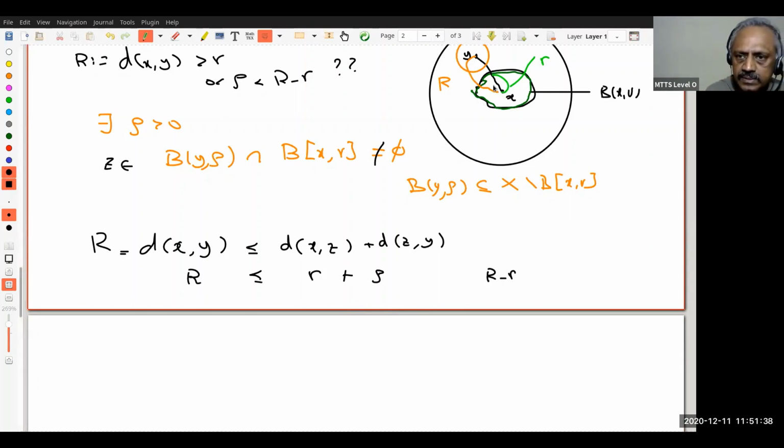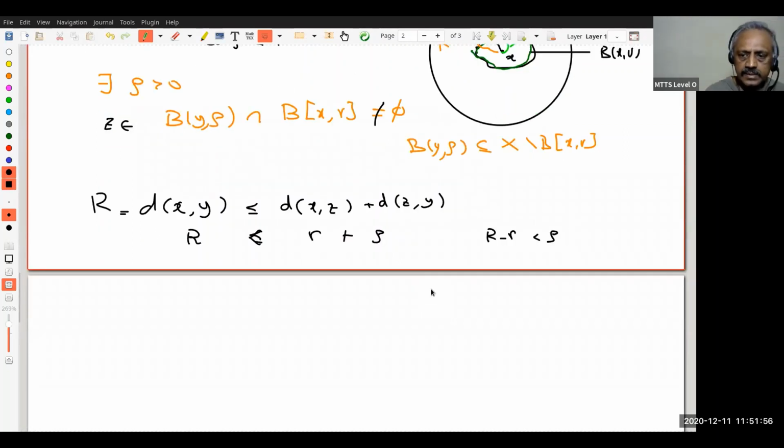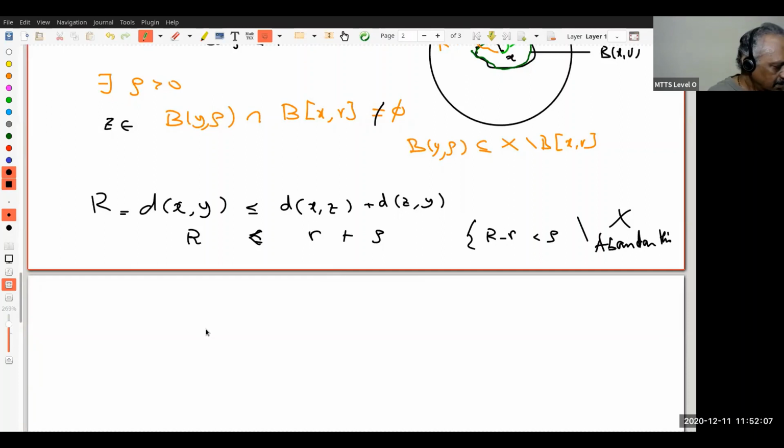What is x and z? z is here, so d(x,z) is less than or equal to r, and d(z,y) is strictly less than ρ, therefore R minus r should be less than ρ. But that doesn't get what I want, so let me abandon this. If that doesn't work, let us try something else then.